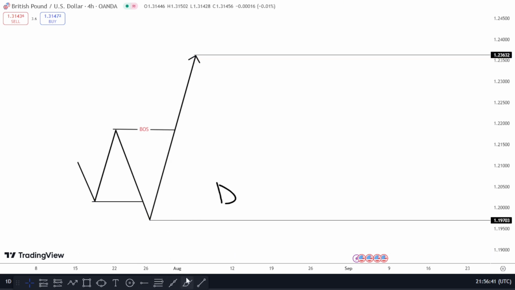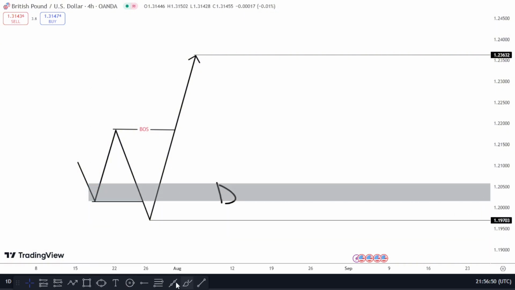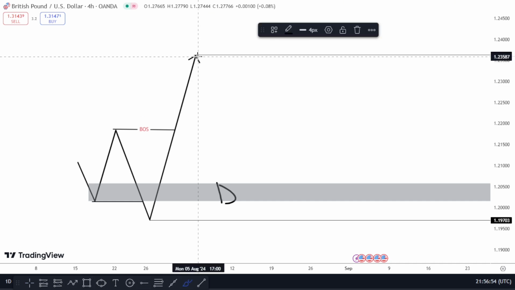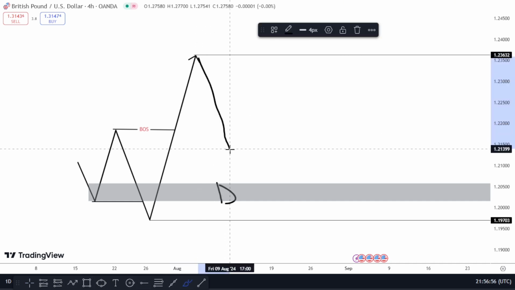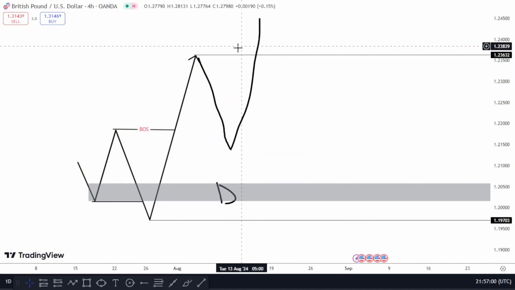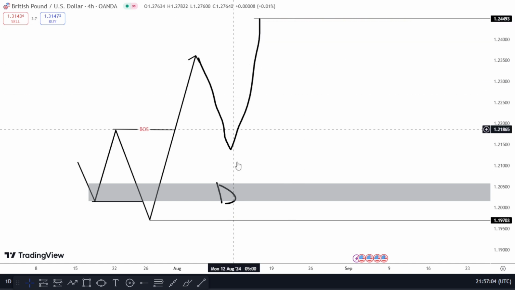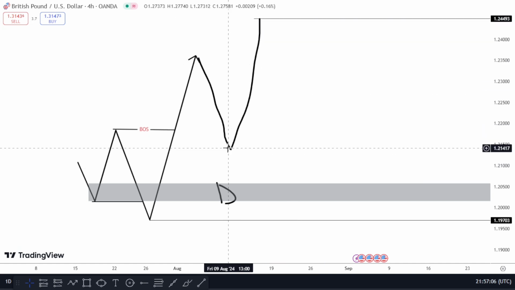So for a POI to be valid, there must be a structural liquidity. The market comes down to here and then gives us another break of structure. What do we call this?